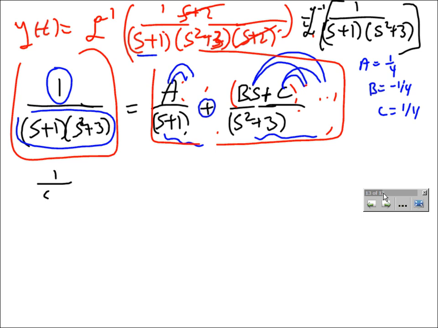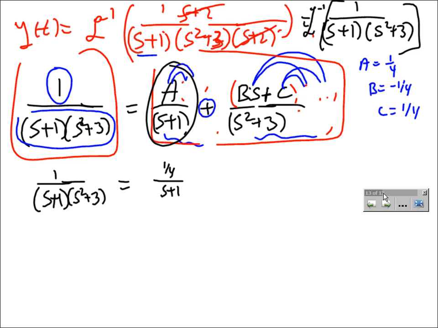So we have that 1 over s plus 1 times s squared plus 3 is equal to a quarter over s plus 1, plus bs over s squared plus 3, and then plus c over s squared plus 3. So since b is negative, it's minus 1 quarter s over s squared plus 3 plus 1 quarter over s squared plus 3.